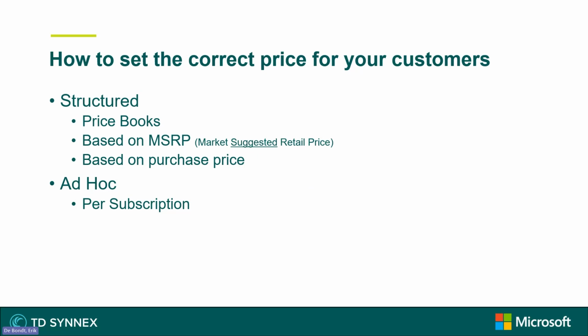Or you can base them on purchase price. So basically, I pay, for instance, 10 euros for a license and I want to make a margin of 20%, so I make a price of 12 euros to my customer. So those are the price books that are available in Stream1 Ion, where you can set a price for your customers. Ad hoc is really per subscription.